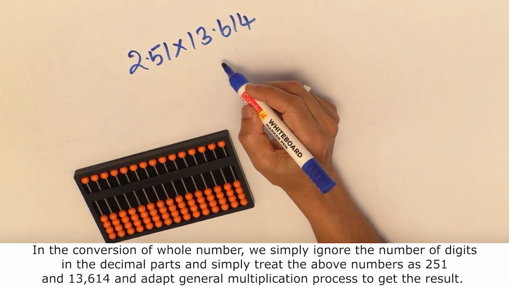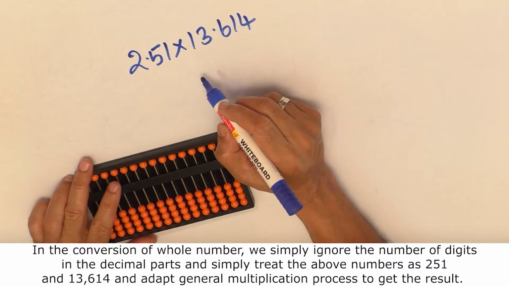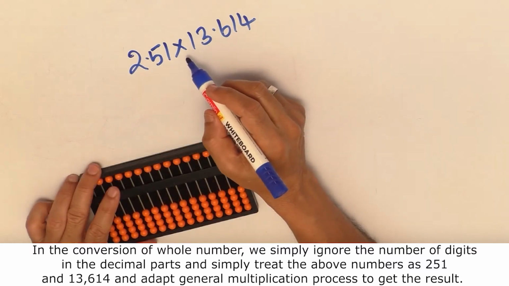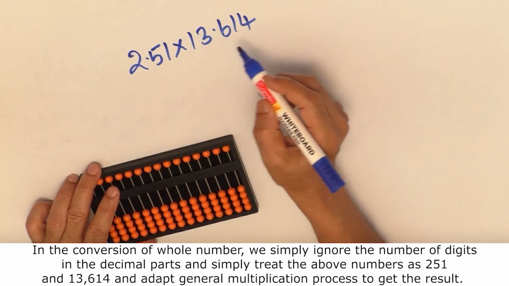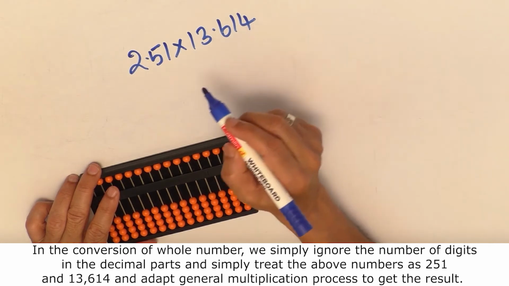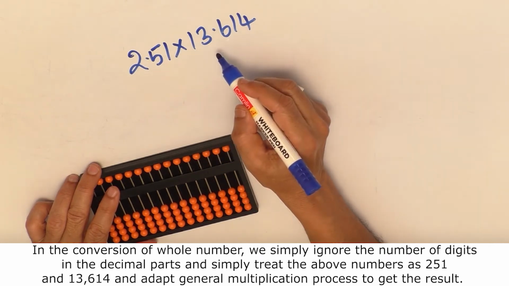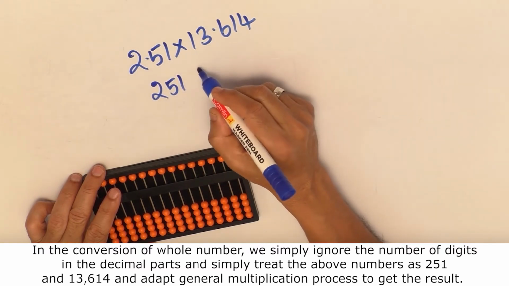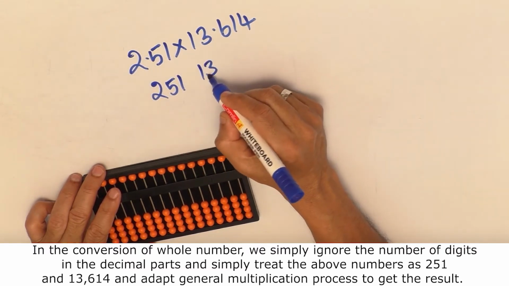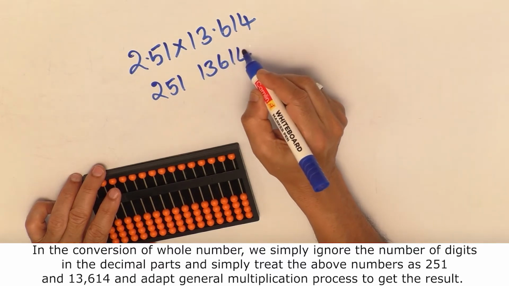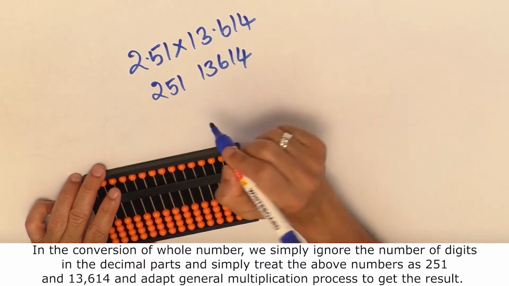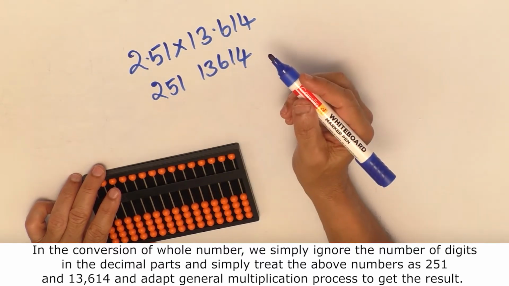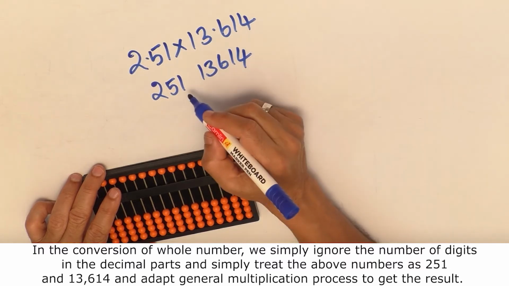In the conversion to a whole number, we simply ignore the number of digits in the decimal parts and simply treat the above numbers as 251 and 13,614 and adapt the general multiplication process to get the result.